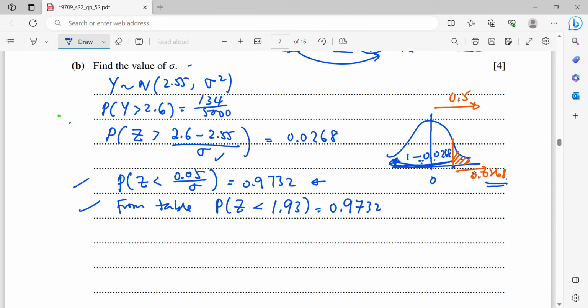By comparing these two equations, we know that 0.05 over sigma is 1.93. So sigma is 0.05 divided by 1.93, and you will get 0.0259, correct to 3 significant figures. Alright, so that's all for part B.